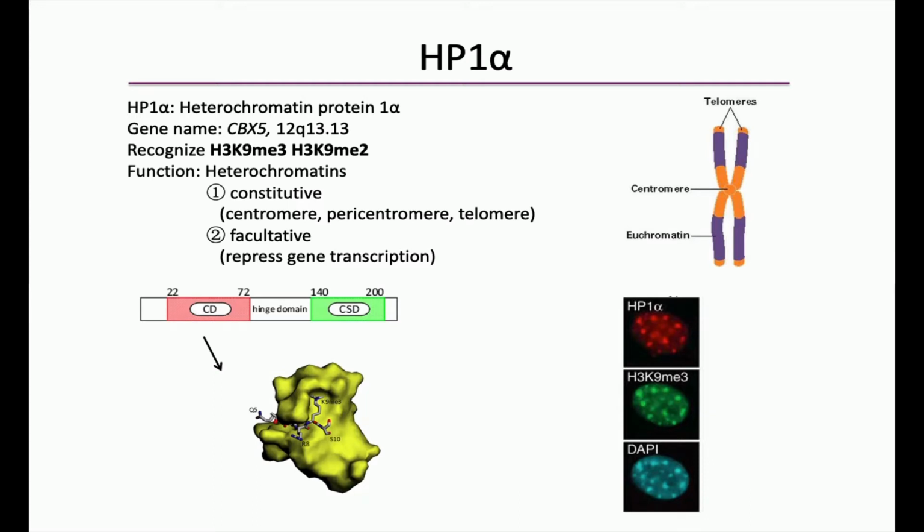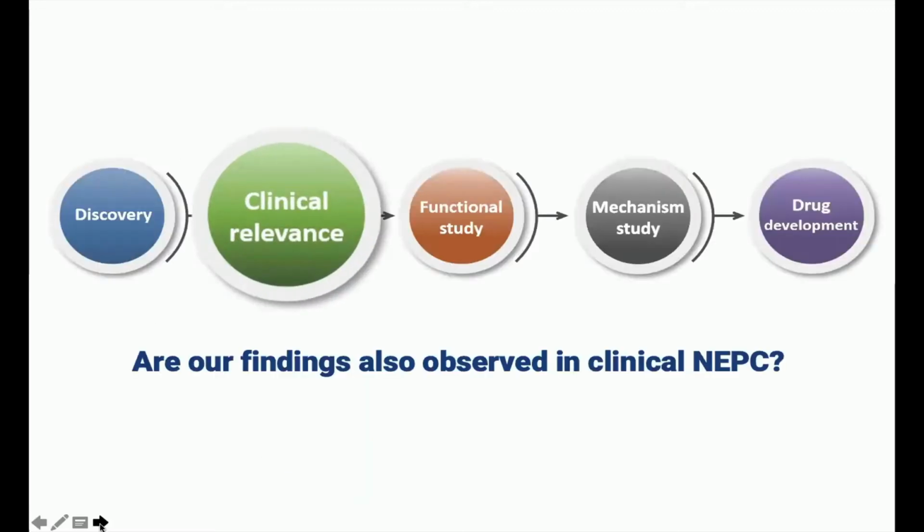How about this gene, CBX5? CBX5 actually can recognize the histone mark H3K9 trimethylation. This is a histone mark that can really regulate gene expression, particularly repress gene transcription. So this gene certainly can affect many other gene expressions if the gene is functional.